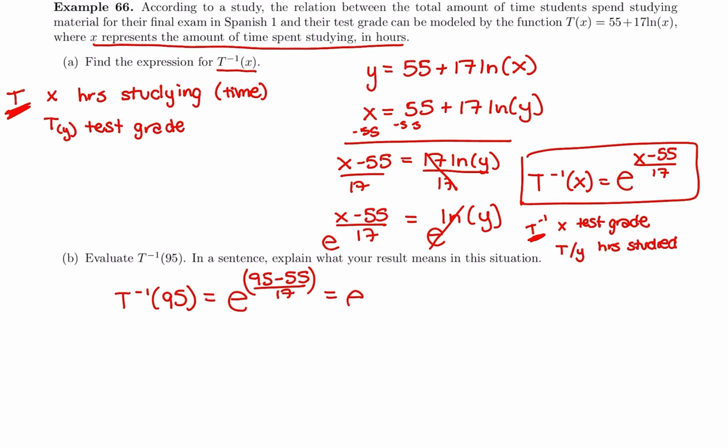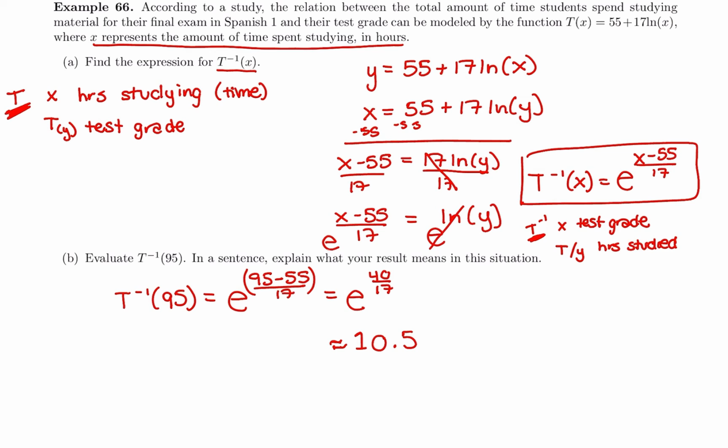Probably the easiest way to type this into any calculator, let's do 95 minus 55. Let's do e to the 40 over 17, just so we all get the same exact answer. And so we would get about 10.5. And we're going to interpret this in a sentence.